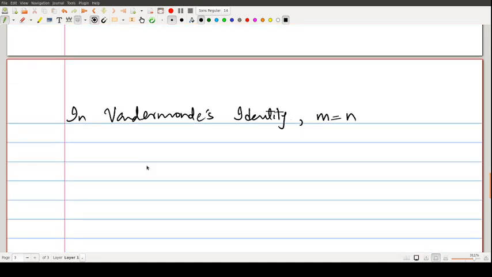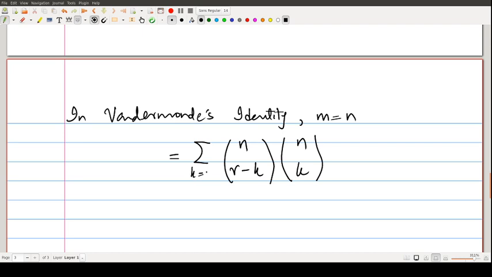You get a nice little summation. So on the right hand side you get summation n choose r minus k times n choose k. So you're selecting k elements from n and another r minus k elements from n, and what you get is, this is summation k goes from 0 to n.